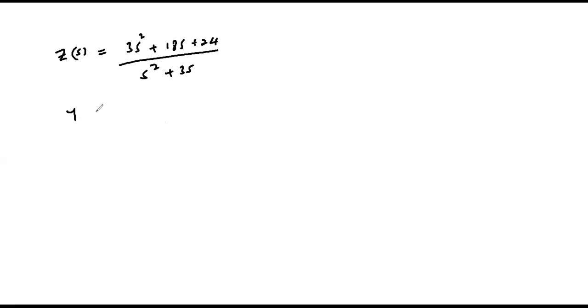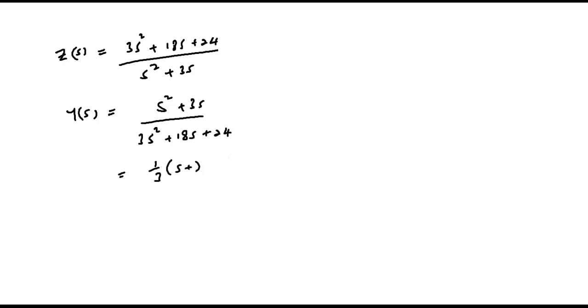The admittance transfer function can be written as S squared plus 3S over 3S squared plus 18S plus 24, which we can write as a third into S into S plus 3 divided by S plus 2 into S plus 4.